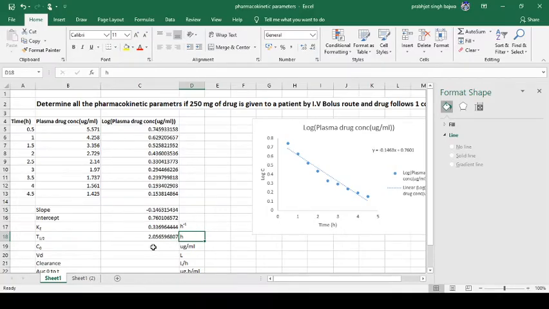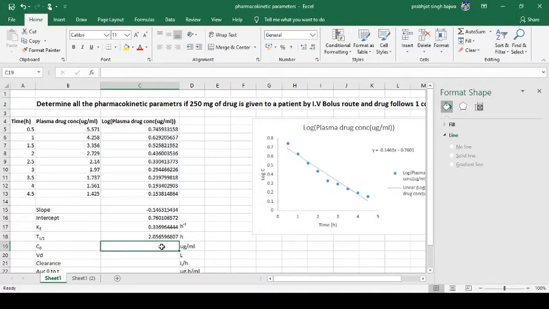Now we will calculate the C naught. As we know, the equation for one compartment open model IV bolus administration is log C is equal to log C naught minus Kt upon 2.303. So the intercept gives the value of log C naught, and by taking the antilog of log C naught, we get the value of C naught.